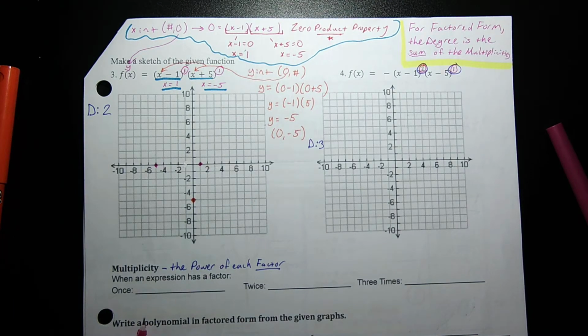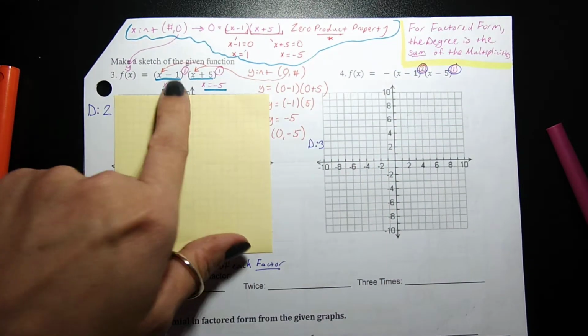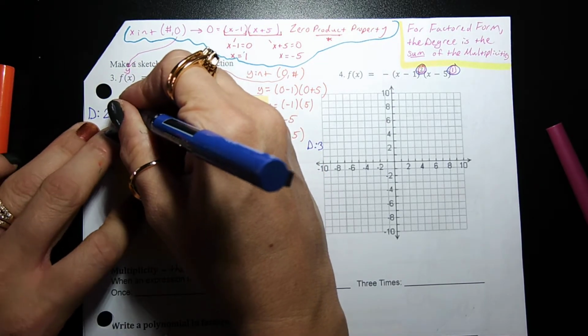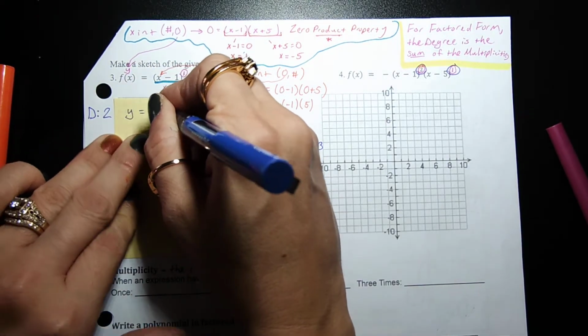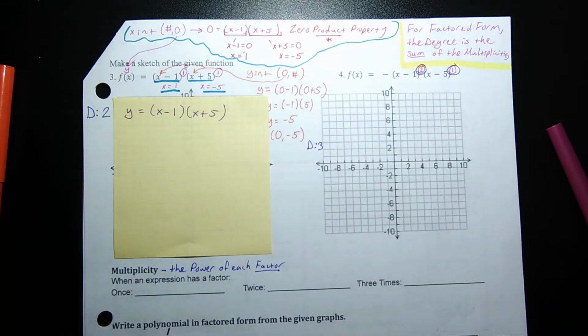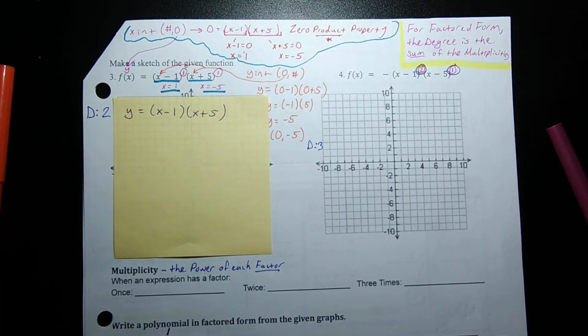And it's important to have this fact memorized because the alternative would be to change this function to be in standard form. So if I have y equals x minus 1 times x plus 5, how do I change this into standard form? We would need to carry out the multiplication so that it's all addition and subtraction.